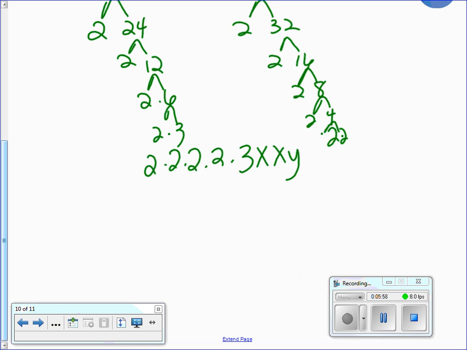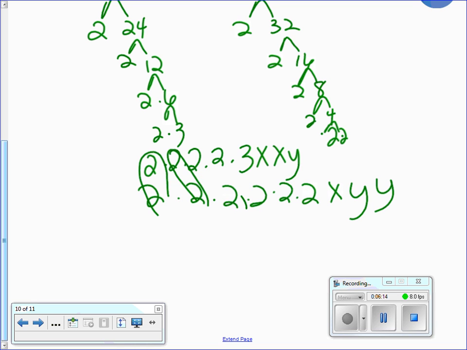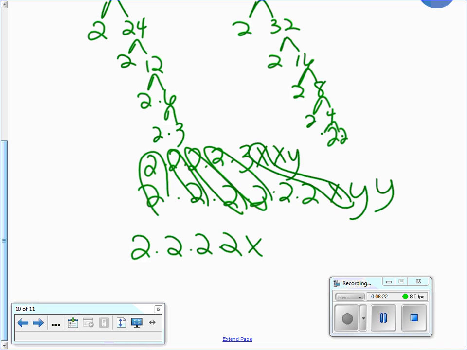So that one is 2 times 2 times 2 times 2, 1, 2, 3, 4, 5, 6 twos. So our GCF is four 2's: 2, 2, 2, 2. So my answer is 16.